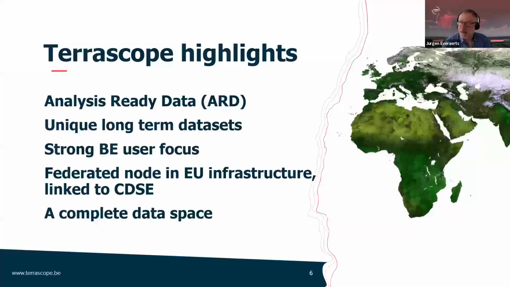So we take the data that's coming from the satellites and provide it, previously from Sci-Hub and today from the Copernicus Data Space Ecosystem, and we convert it, for instance, into GeoTIFF format so that you can integrate it easily. Terrascope has been known and is still known for unique long-term datasets. SPOT-VEGETATION and PROBA-V offer a unique view on the vegetation of the Earth over the past 25 years.